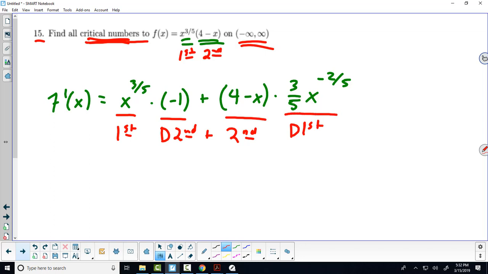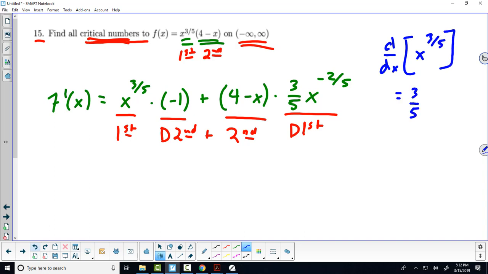If you're confused about how we took the derivative of that first term, if you're confused about how we came up with that, what did we do? Well, we said, okay, the derivative of x to the 3/5 power. How do we find that derivative?